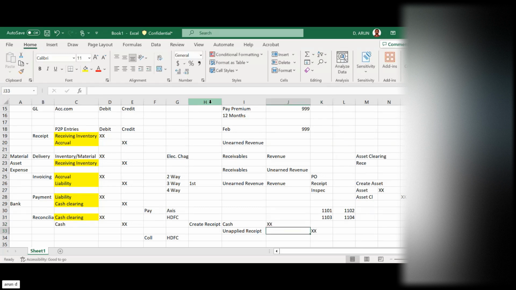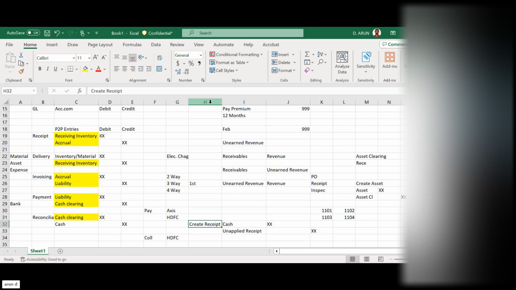Now why do I have unapplied receipt? What is the meaning of unapplied receipt? It means that I have received the amount, but I am not sure exactly who the customer is against whom I might want to create this receipt. All these receipt transactions in the AR module are created based on the bank statement that we have received.